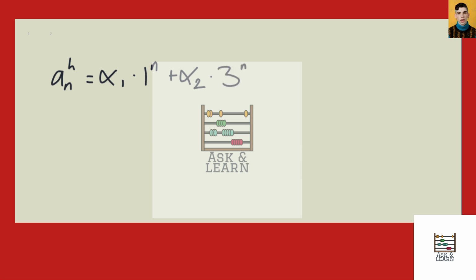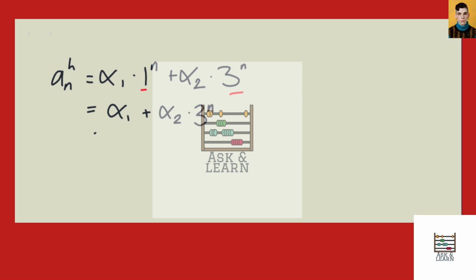This 1 and this 3 were our roots, and these alphas are going to be some sort of constant. And of course, 1 to the power of n is 1 no matter what. So this is really equal to alpha 1 plus alpha 2 times 3 to the power of n.